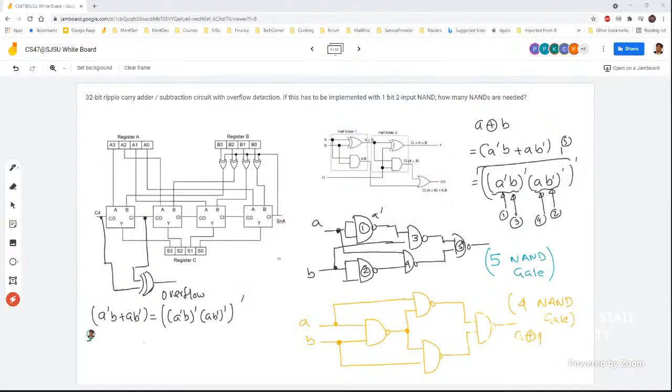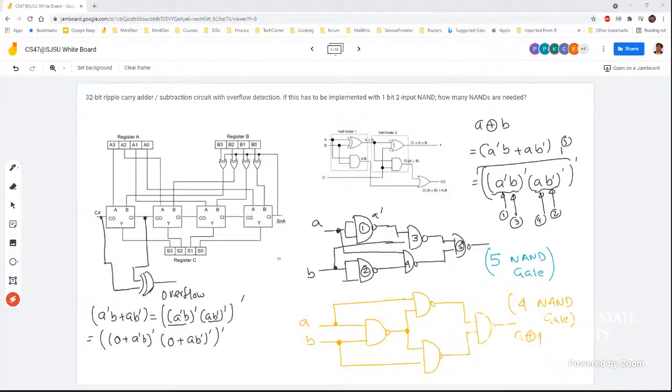Now inside this term, we can write something like this: 0 or (A bar B) whole bar, 0 or (A B bar) whole bar. We can expect 0 or something is that. 0 or A bar B is A bar B.